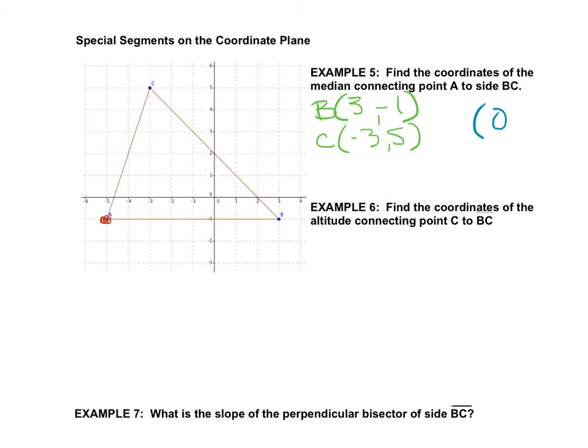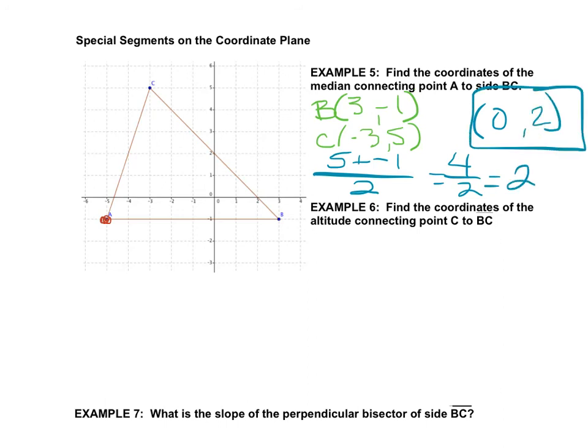Okay, for my y values, 5 plus a negative 1 over 2. 5 plus a negative 1 is 4. 4 divided by 2 is 2. So the coordinate of my midpoint of BC is 0, 2, which is here.